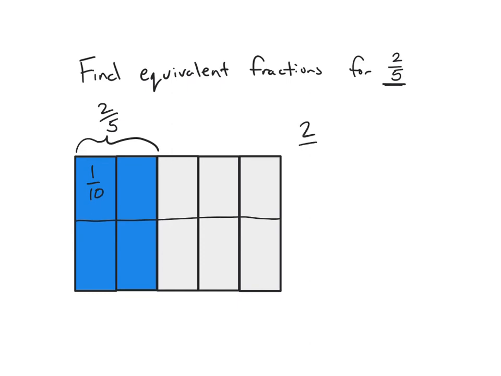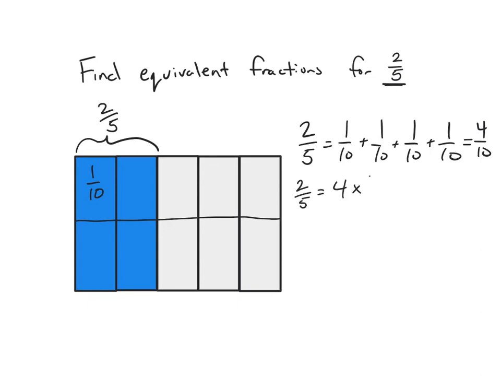So I know that 2/5 is equal to 4 copies of 1/10, which is equal to 4/10. So that's one equivalent fraction.